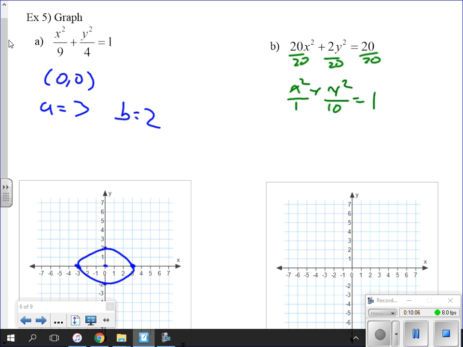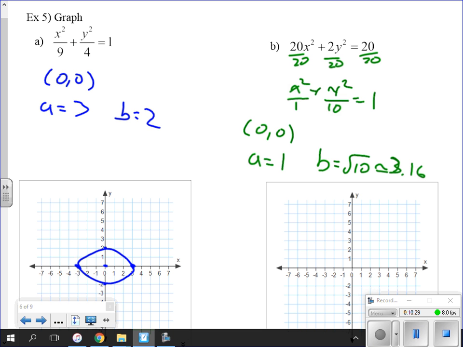So our center is once again at the origin, which is nice. It makes it easy. Our A is what? 1. What's our B? Square root of 10, which is, I'm going to work this out, 3.16. So for graphing purposes, you do need to be able to go, hey, I know about where it is.